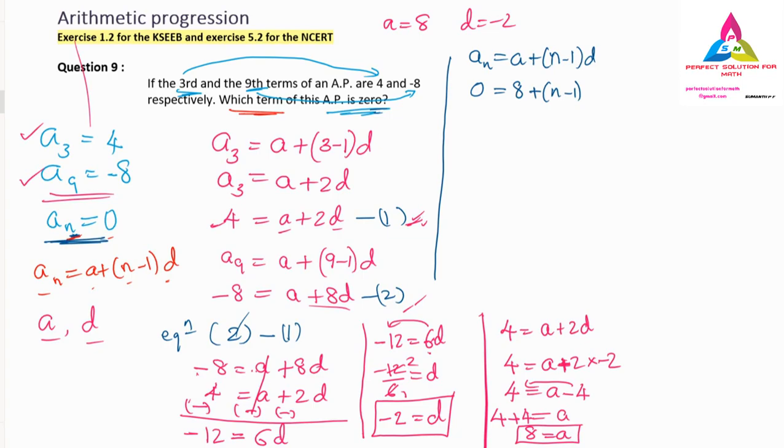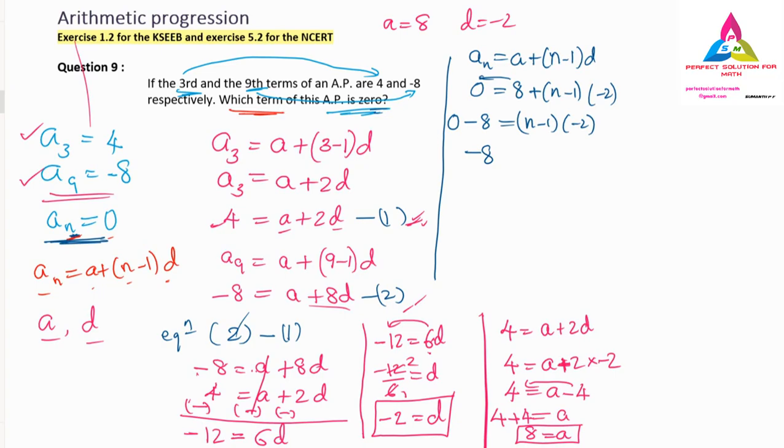So this 8 can be shifted to this side, so it will become 0 minus 8. n minus 1 remains as it is, minus 2 remains as it is. 0 minus 8 is minus 8 only. Now n minus 1 we keep as it is, but this minus 2 we can shift.